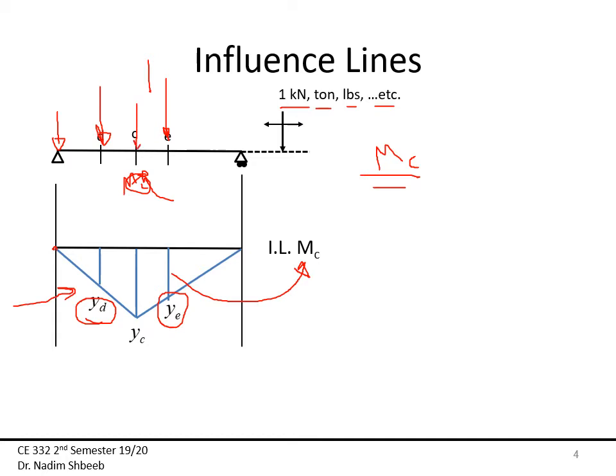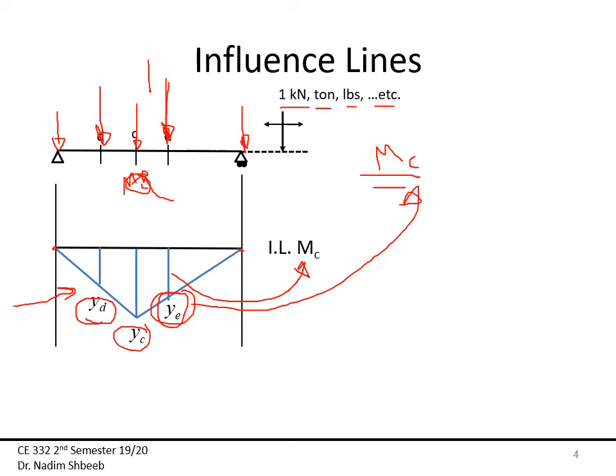If the load now is at C, then this value here, YC, is actually the moment at C. If the load now is at E, this value here is again giving me the value of MC due to the load being here. Now, the load being at the other support is also telling me that the value of the moment at point C is equal to 0. So that's what this influence line is doing.